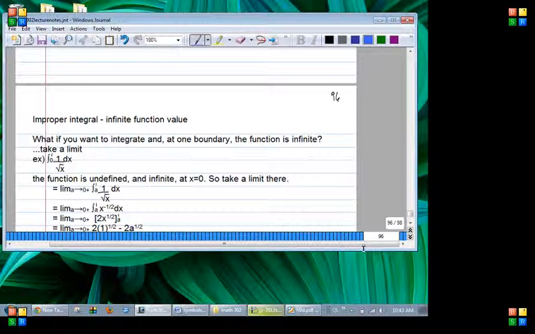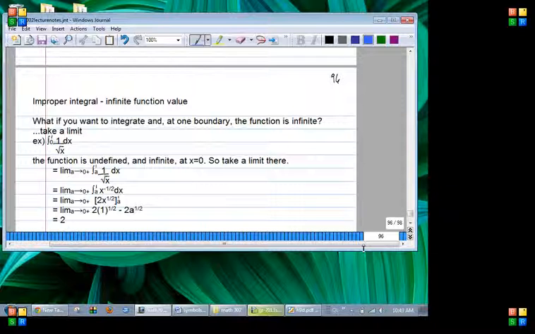So you plug it in, you just get 2 times 1 to the half minus 2 times a to the half. Now, can we evaluate that limit? When you take the limit, what do you get? Yes, because the part with the a in it, you've basically got the square root. You've got square root of 0, which is just 0. So then all you need is 2 times 1 to the half, which is just 2.